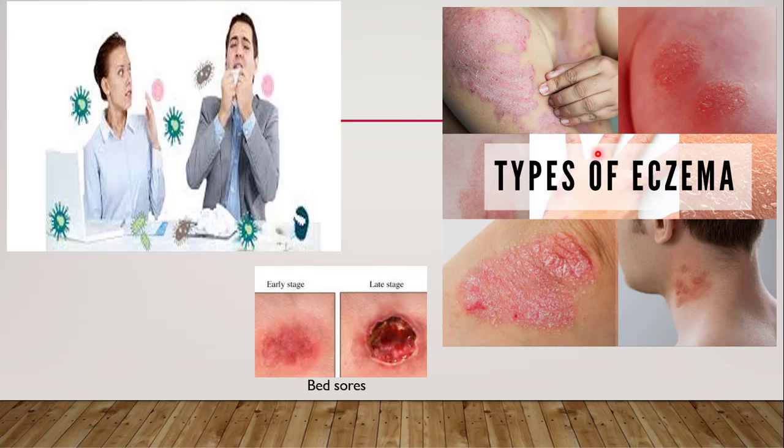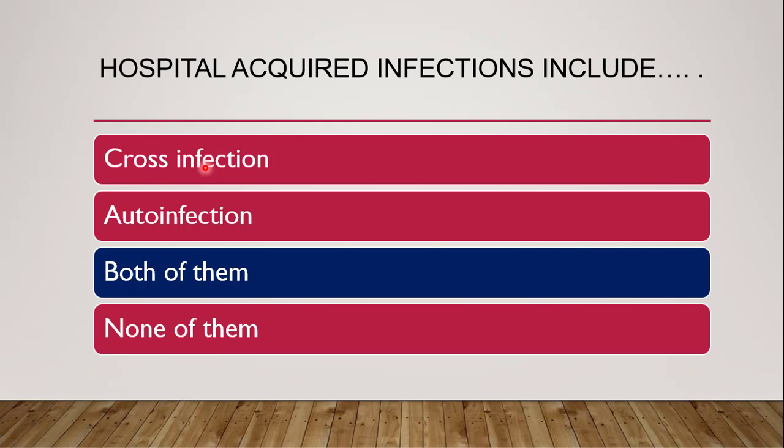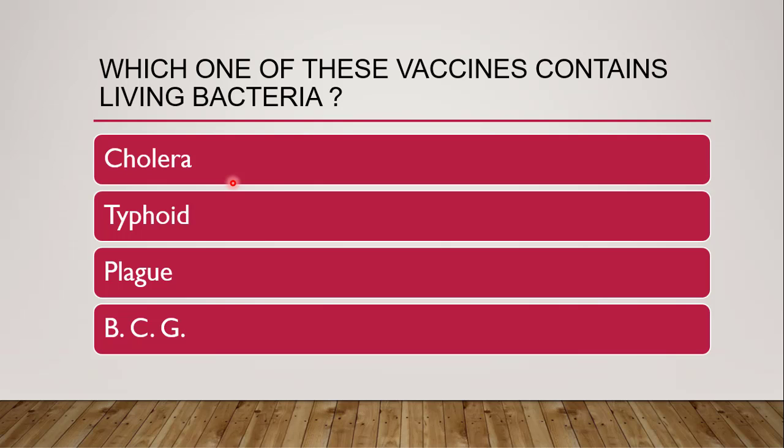So these are auto infections and these are cross infections. So the correct answer is, it is both of them. Hospital acquired infections include cross infections as well as auto infections. Next question is, which one of these vaccines contains living bacteria?